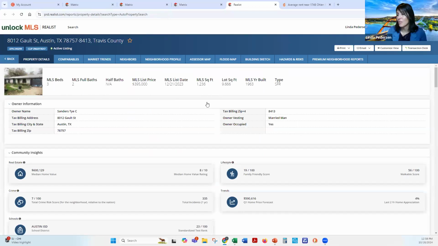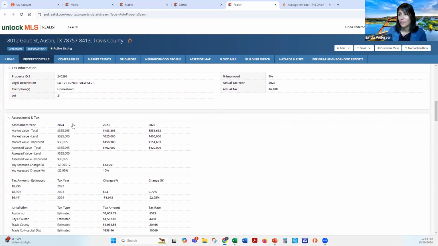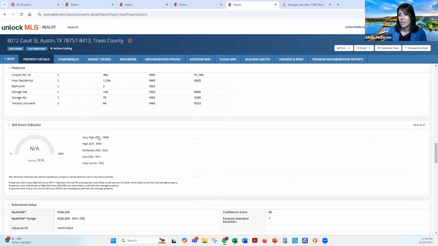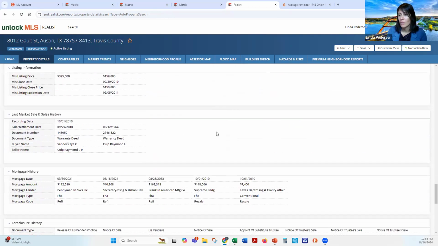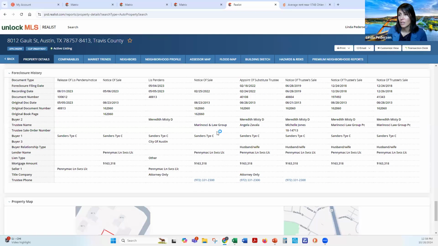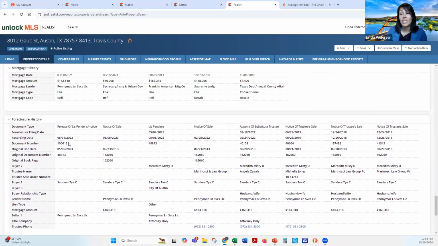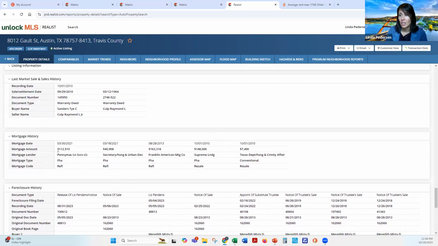3 bed, 2 bath, 1,200 square feet, market value of 355, 385 real AVM. Do they have equity? They've had lis pendens, foreclosures, notice of sales, which means they're financially distressed.